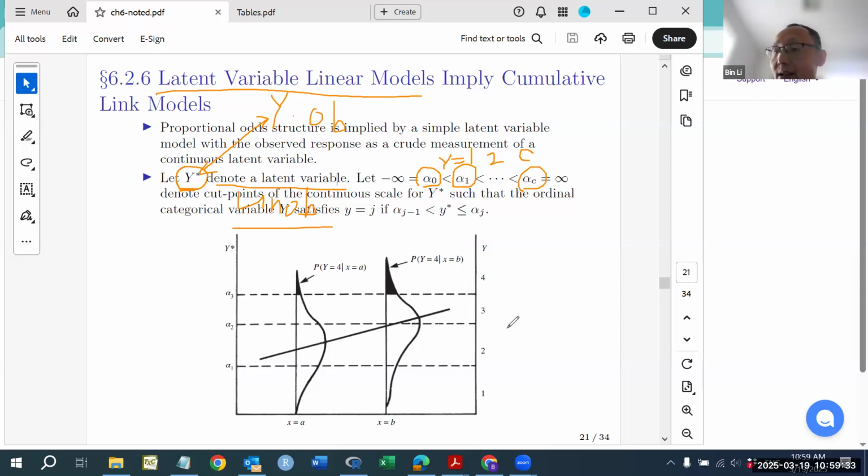Then you may ask, what is the relationship between the model that uses the latent variable as the response, and the cumulative link model that we talked about before? Are they exactly the same, or are they not the same but related? I tell you they are not exactly the same, but they are very similar.